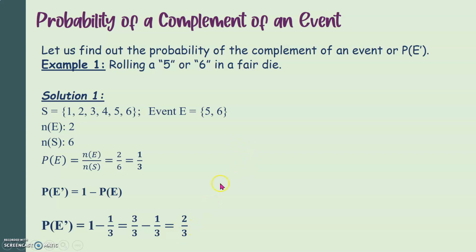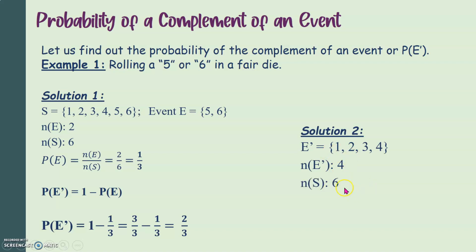Now there is another way of solving this problem, and that is to start off by identifying our E prime. Since E is getting or rolling 5 and 6, E prime, or the complement of E, is rolling 1, 2, 3, and 4. So this time our number of desired outcomes is 4, and the total number of possible outcomes is 6.